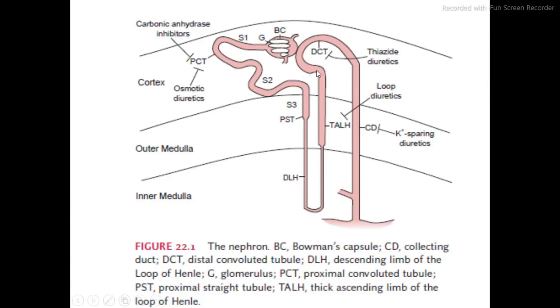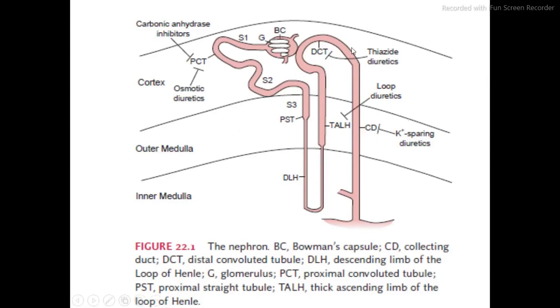Then later on, after reabsorption of sodium and chloride takes place at the early phase of the DCT, the luminal fluid enters into the late DCT phase. So it reaches the late DCT phase and the CD, that is the collecting duct. Over here, the sodium ion is reabsorbed in exchange for hydrogen and potassium.